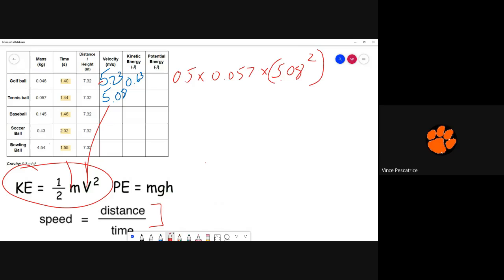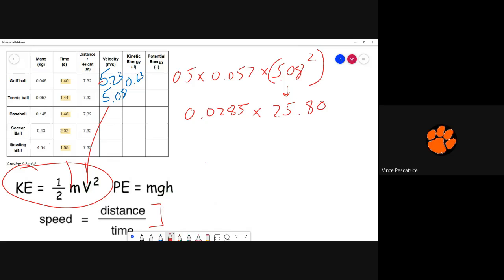So again, I like to break it down in my calculator so I don't screw it up, because sometimes if you plug this in order, it will do the wrong form of calculations. So I just take 0.5 times 0.057. That will give me 0.0285 times 5.08 squared. Gives me 25.80.